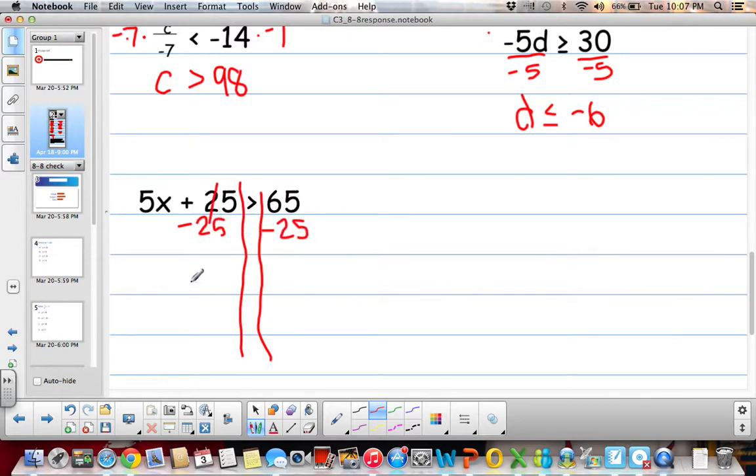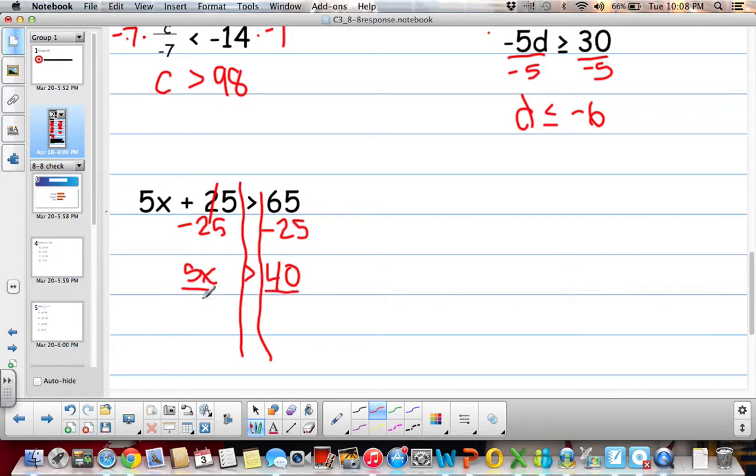So that cancels out. We have 5x is greater than 65 minus 25 would be 40. Because we just subtracted 25, even though it's negative, because we are subtracting, we still leave our sign.